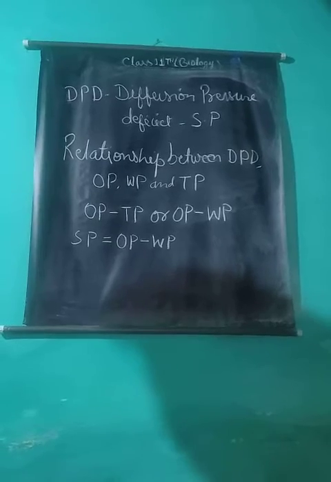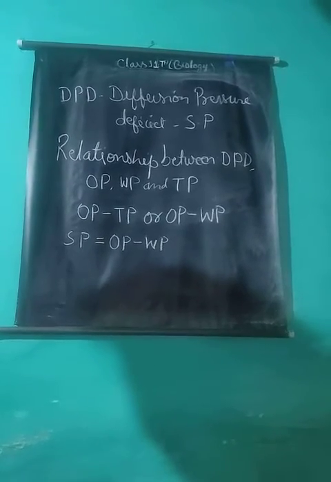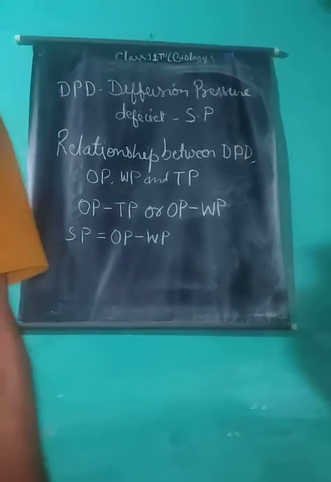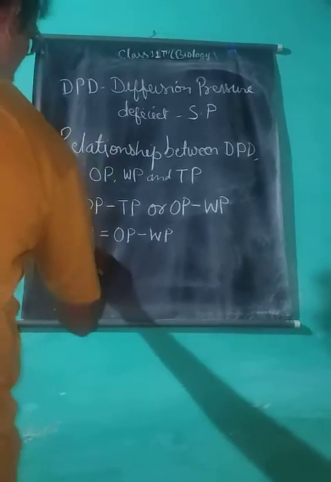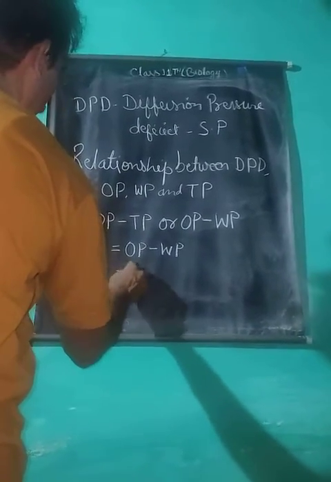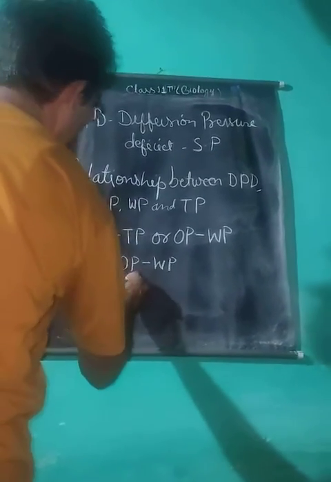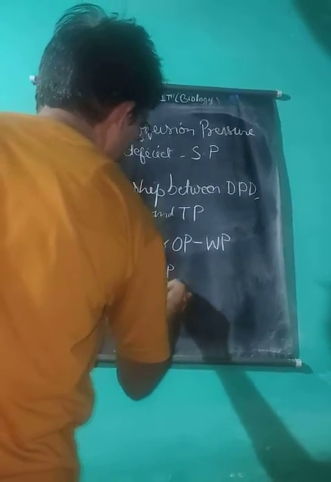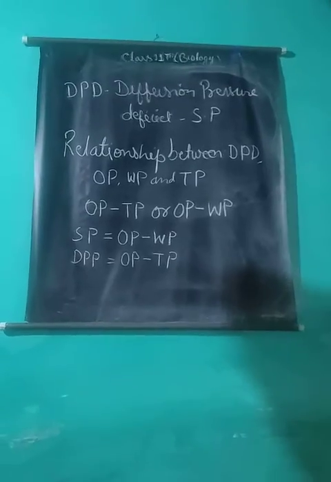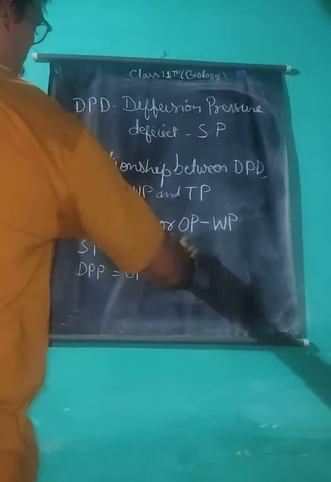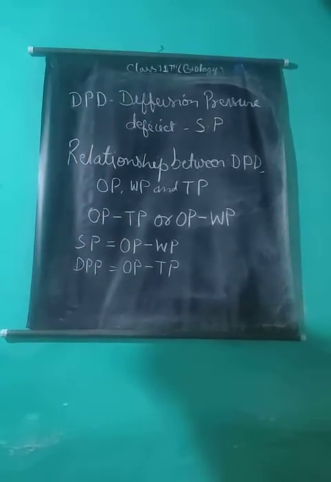Therefore SP is equal to OP minus WP, or DPD is equal to OP minus TP. Diffusion pressure deficit, also known as SP or suction pressure, is equal to osmotic pressure minus turgor pressure, or osmotic pressure minus wall pressure, because both are equal but opposite to each other.